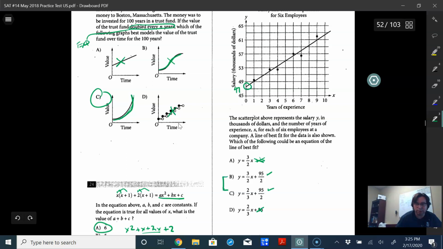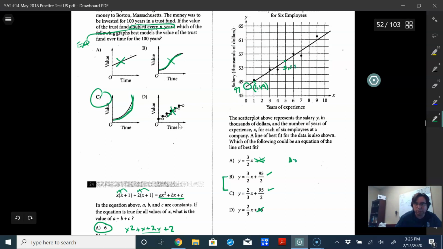Remember our divide and conquer strategies. We just need to see what the slope is. So let's grab 2 points. Let's say I've got this one, that's going to be 1 and 49. And then let's grab this one right here. Remember, it doesn't matter which 2 we choose; we just need to choose points. So that's 5 and what looks to be about 55.